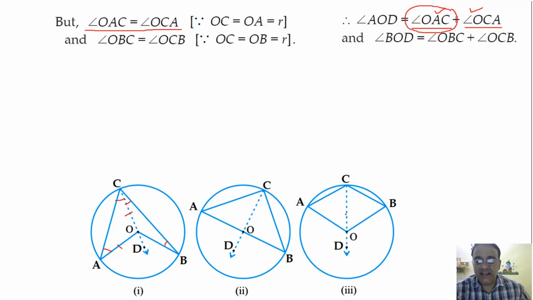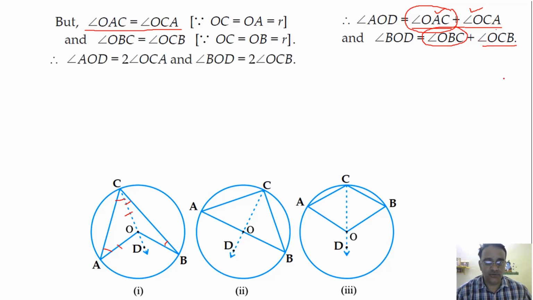Similarly, angle BOD is angle OBC plus angle OCB. And we will replace angle OBC by angle OCB. So that also becomes 2 times. So we'll get angle AOD is equal to 2 times angle OCA. Angle BOD is equal to 2 times angle OCB. Is this clear?